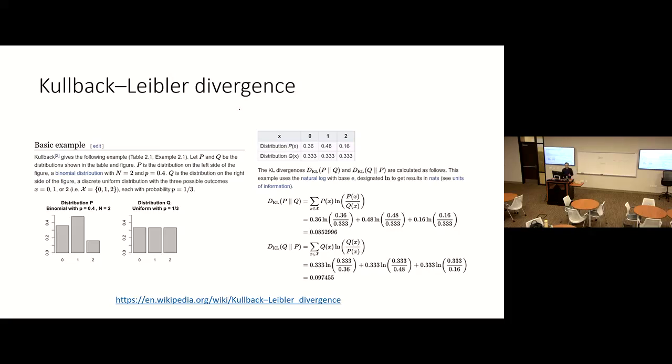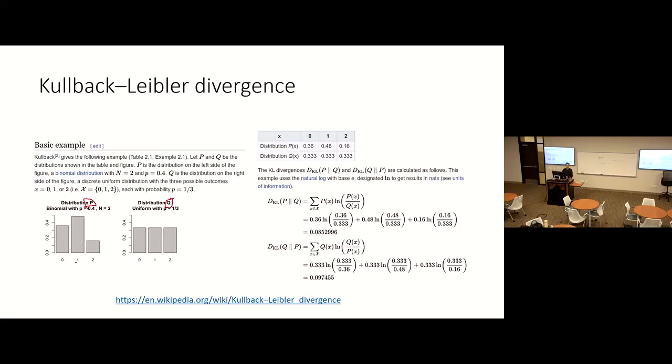So our basic example is from a Wikipedia page. We want to compute the distribution difference between distribution P and Q. Q is a uniform distribution, so you have bins 0, 1, 2, with the same frequency of 0.333, one-third chance each. Distribution P is slightly different.